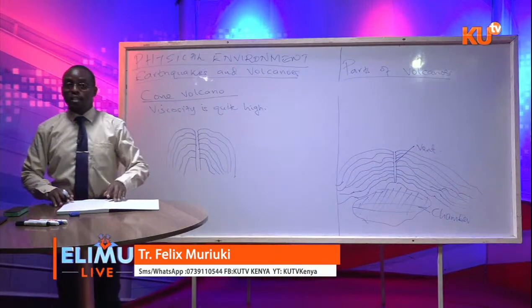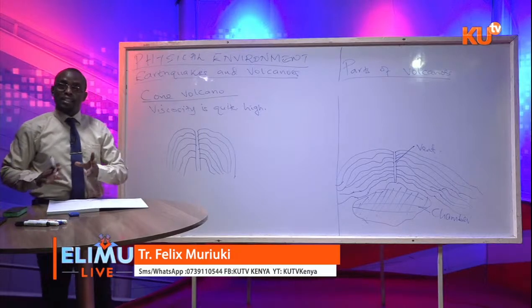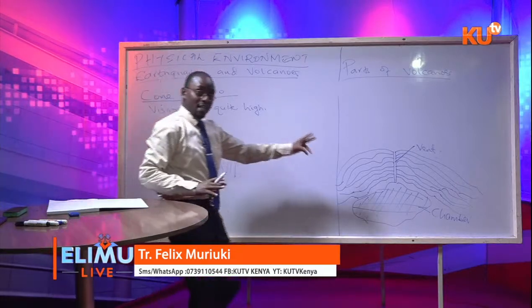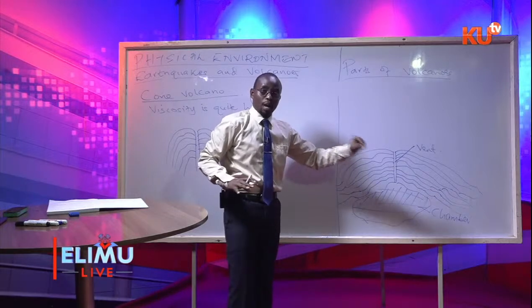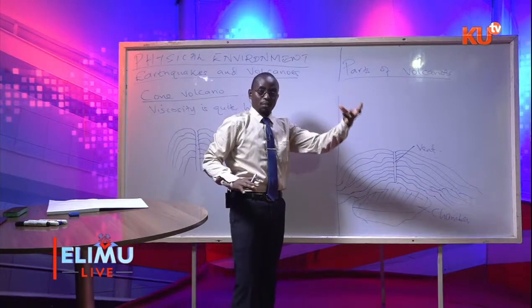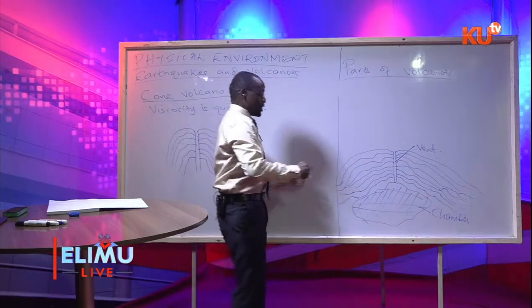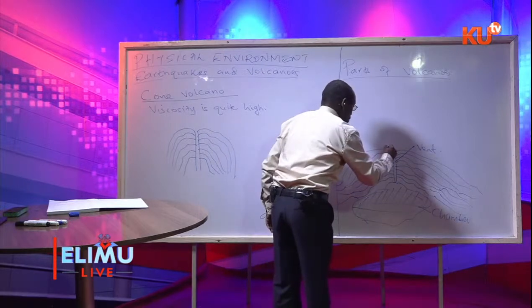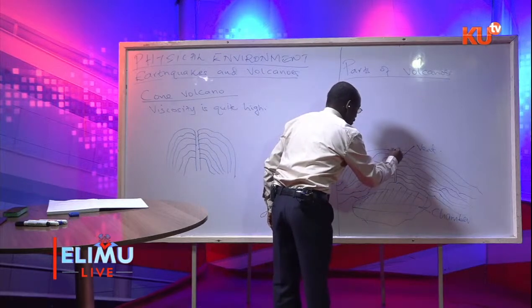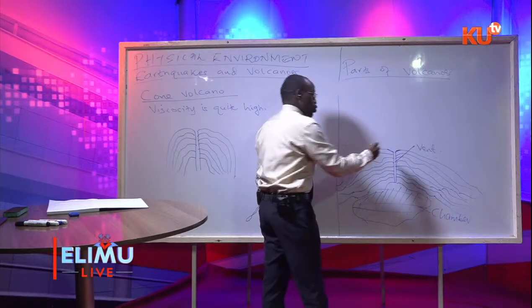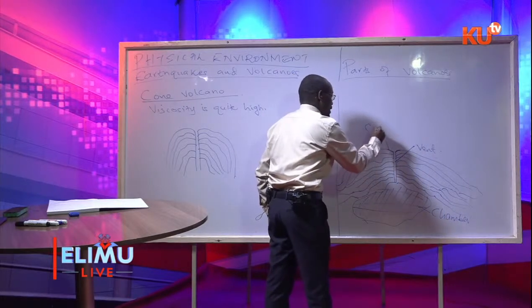So, in other words, it is no longer just a pipe, it is a vent. This explains a way through which magma flows out of the mantle onto the Earth's surface. At this point, we may have a hollow-like or basin-like feature that is known as a crater.